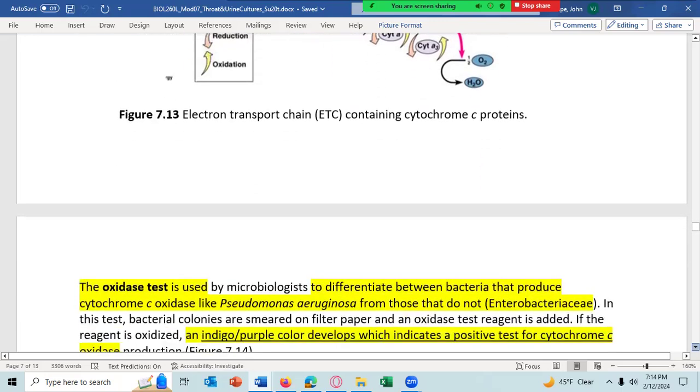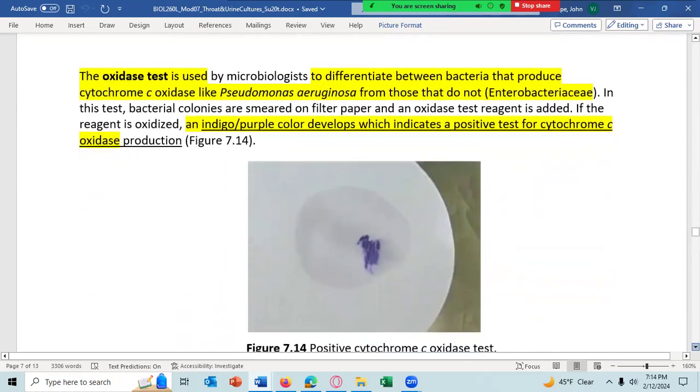And the Pseudomonas have it, and so they will be oxidase positive, and you'll see a bluish or purplish color on the oxidase positive cells in this region receiving the oxidase test. The Enterobacteriaceae will not be oxidase positive. They will not develop the blue or purple color. Any question about any of that?